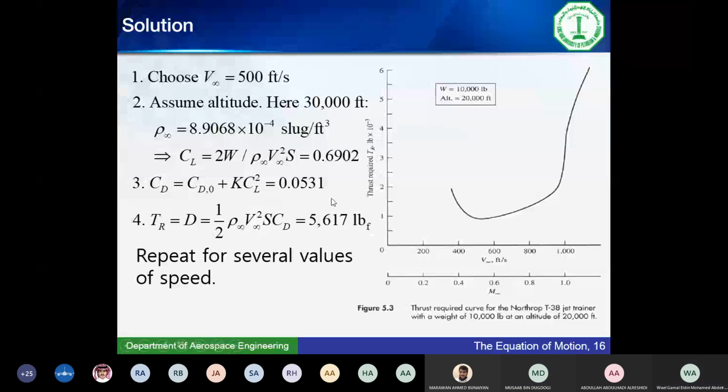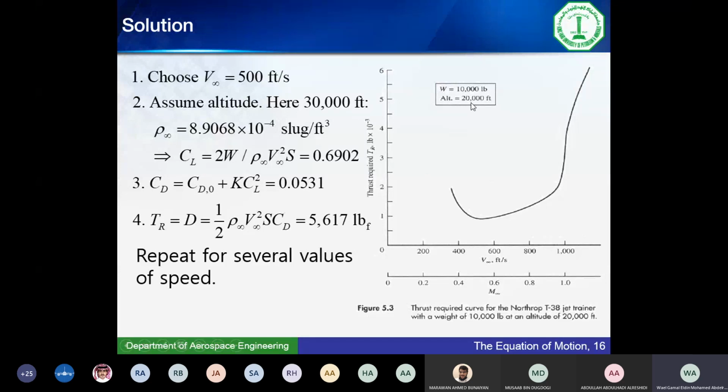Yes. By the way, since you brought it up, let me ask you a different question. You see the thrust required to fly at 30,000 feet was 5,600 pounds. Whereas in the textbook example, at 20,000 feet, obviously it was more than 5,000. You see here it was 8,000 or something. Okay, this is 10,000. So why do you think it was more? Or does it make sense that it's more?